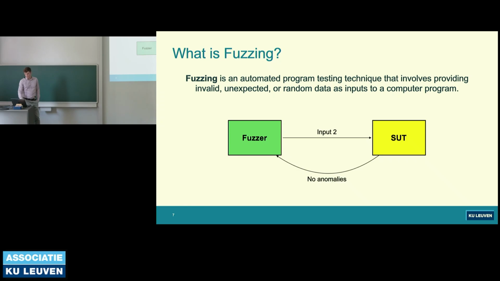We send the second input, and again no anomalies. Then after some time we send input n, and we get an anomaly. In this case, the system under test has crashed. This is definitely unexpected behavior, and this is what the fuzzer aims to find during the fuzzing process.